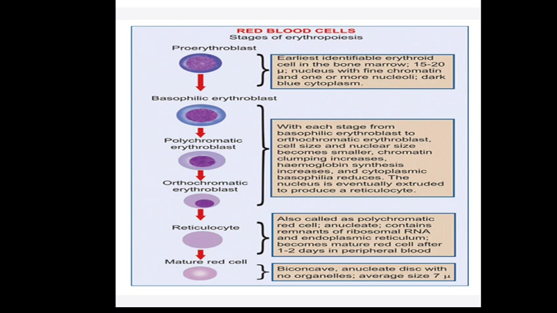Second stage, basophilic erythroblast. In each stage from basophilic erythroblast to orthochromatic erythroblast, cell size and nuclear size become smaller.